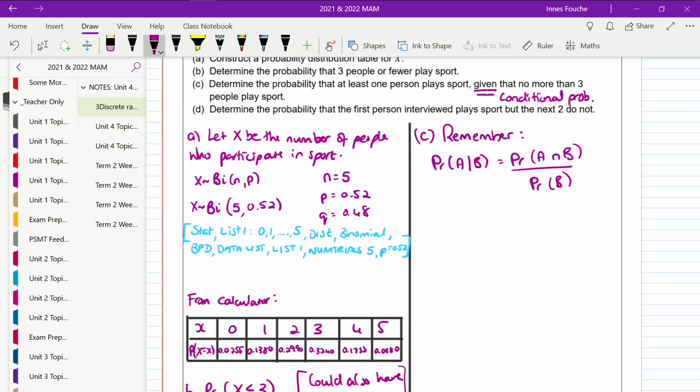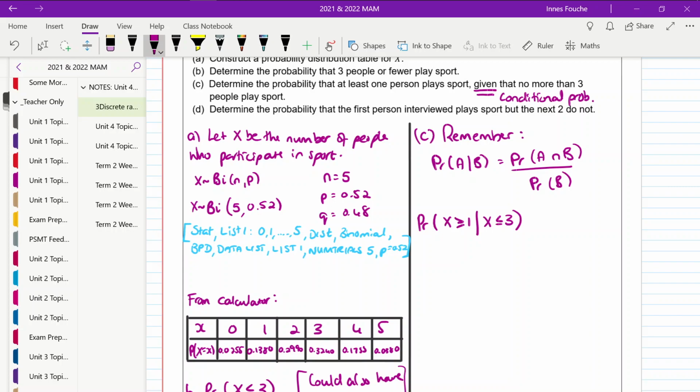So let's have a look. Our probability of A in this case is the probability that at least one person. So that's going to be 1 or 2 or 3 or 4 or 5. So what we're looking for there is our probability of X being greater than or equal to 1, given that no more than 3 people play sports. So given that X is less than or equal to 3.